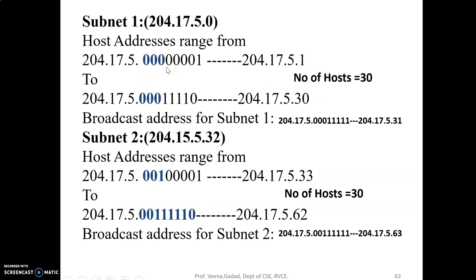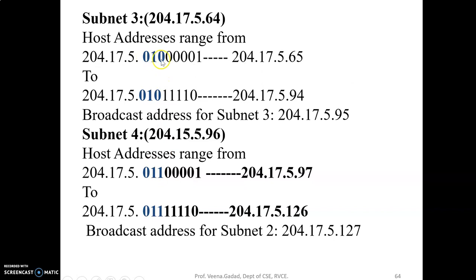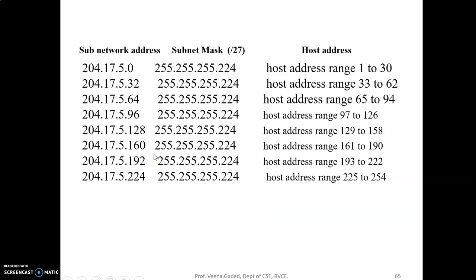If you just observe the subnet IDs, it is 0 for subnet 1, 1 for subnet 2, that is 010 for subnet 3 and 011 for subnet 4, right? It goes on to create 8 subnets, and the subnet mask is /27. Host address ranges from 1 to 30, 33 to 62, 65 to 94, 97 to 126 and so on, right?